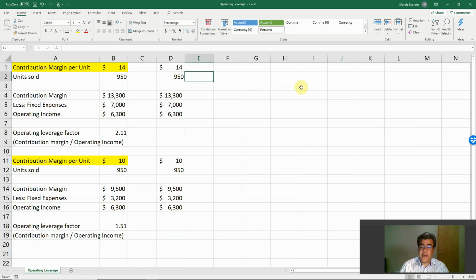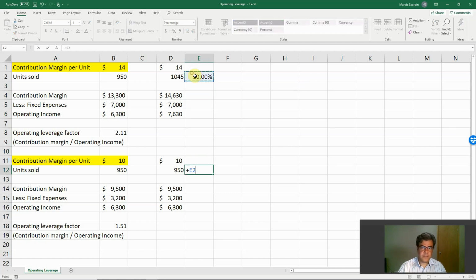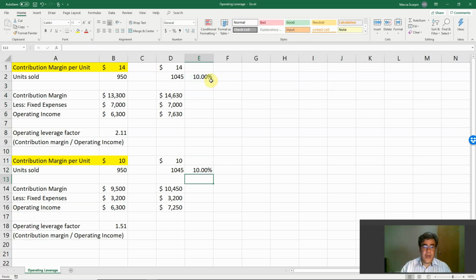And now let's work with the first scenario here. We are increasing our sales by 10%, to 1,045 units. What do we have? Wow! Company number one is better than company number two because the operating income is greater. Now, let's paint it in light blue here.